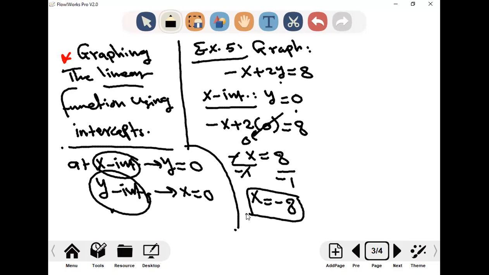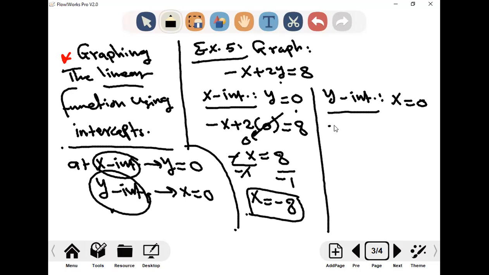Done. Now I need to find the y-intercept. To find y-intercept put x equals 0. Put 0 instead of x. Go to the function, replace x by what?